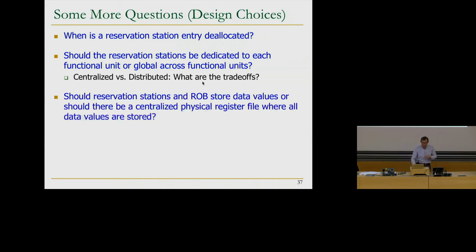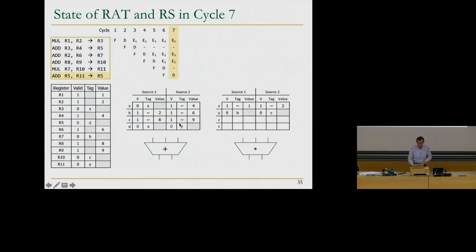Another question: should the reservation stations store data values, or should there be a centralized location where all data values are stored? This is actually another form of inefficiency. If we go back here, there are lots of values stored. If you're in a 32-bit architecture, it's 32 bits. If you're 64 bits, it's 64 bits. You have lots of values in the register file, and lots of values here, here, and here.